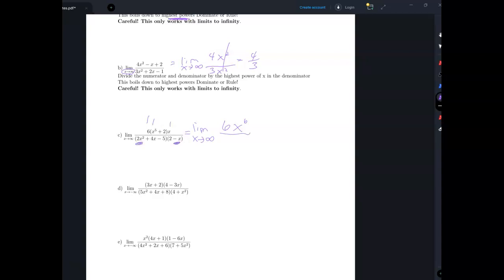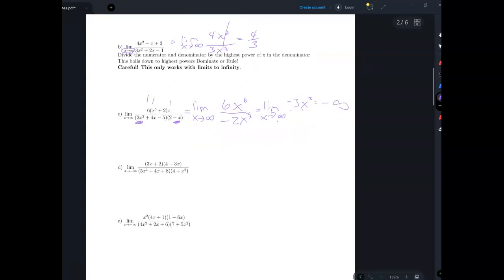In the denominator, if I multiplied this out, I get negative 2x cubed. So then I'm going to cancel because I can. So I'd get a negative 3x cubed. Substitute infinity. x to infinity cubed is infinity. Negative 3 times infinity is negative infinity.